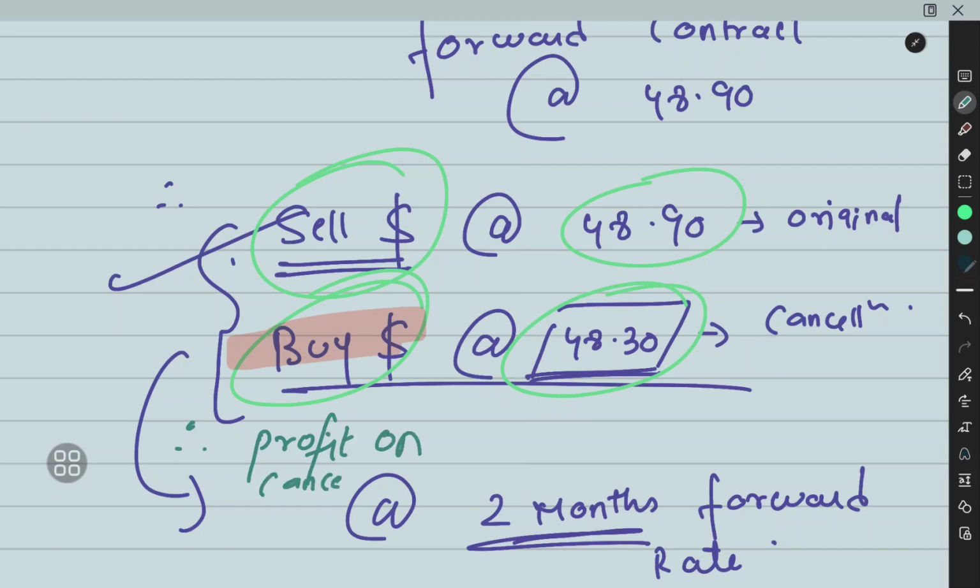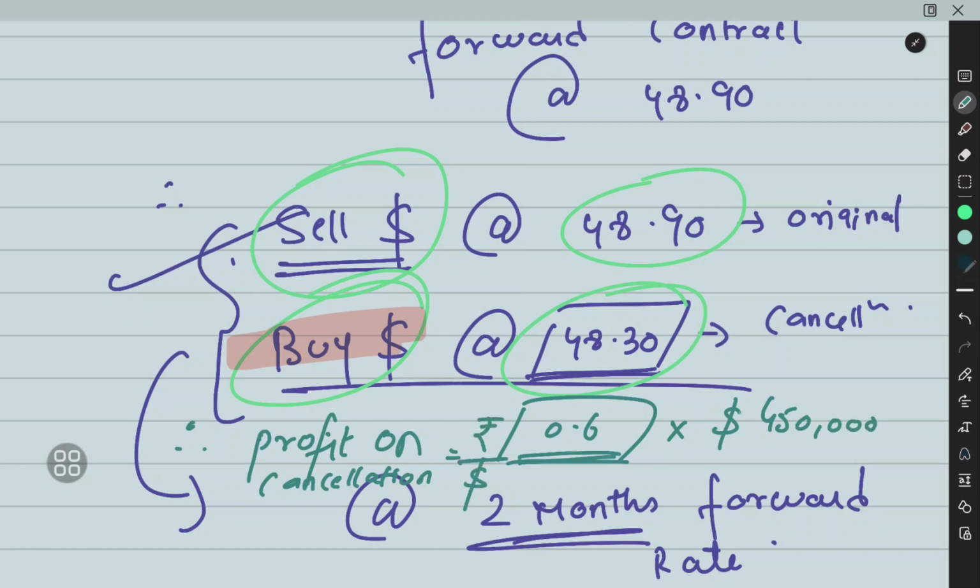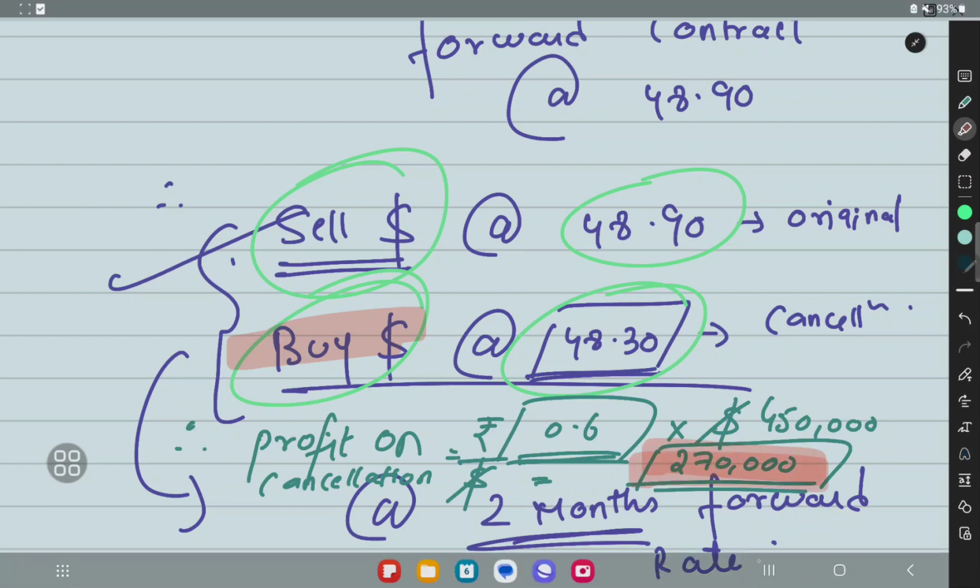Profit on cancellation is equal to 0.60 per dollar. Now how many dollars do we have? The receivable quantum was 4,50,000, so into 4,50,000 dollars, and this is rupee by dollar, dollar goes, and I'm left with 4,50,000 into 0.6, which is 2,70,000. So this is also my income in case I lag the receivables for 1 month.